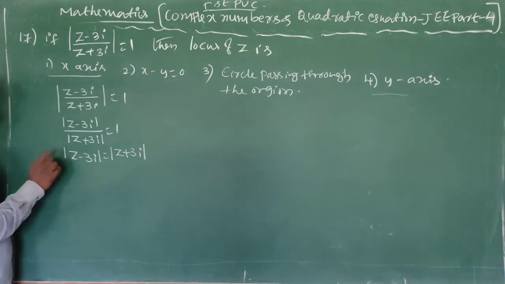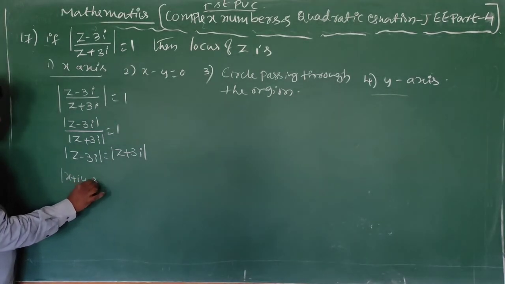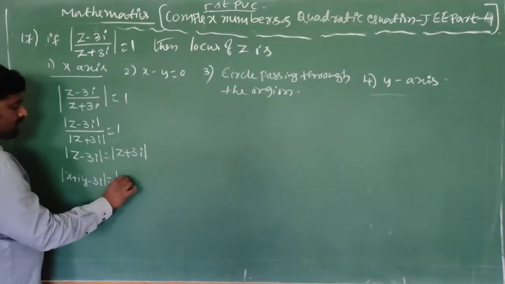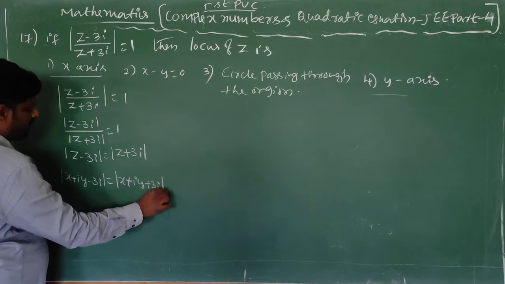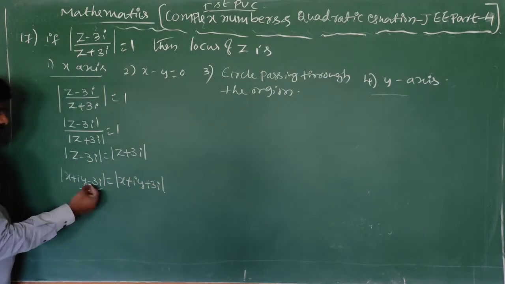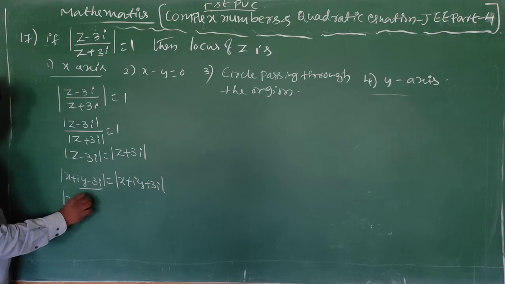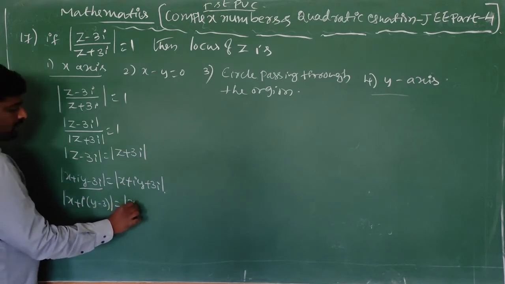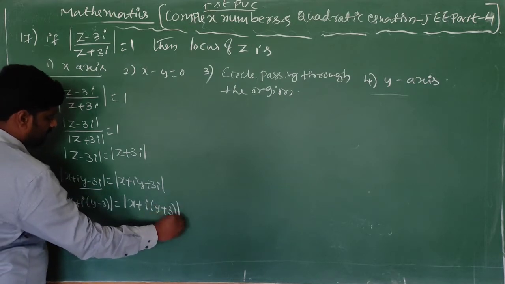Now z is x plus iy. So x plus iy minus 3i is equal to x plus iy plus 3i. In these two, y is common. So x plus i times (y minus 3), and here x plus i times (y plus 3).